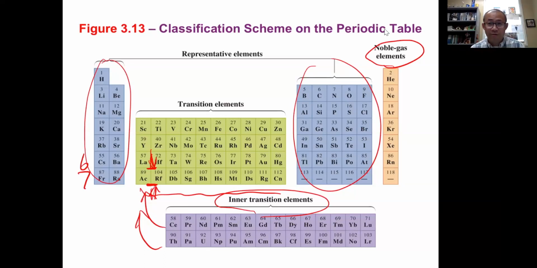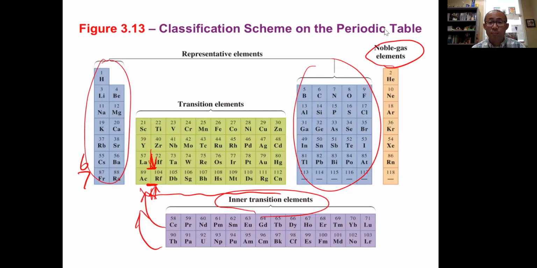Most of them are synthesized radioactive elements. Some are naturally existing, but most of them are radioactive. So this is how we classify the periodic elements based on electron configuration. Of course, we're going to answer what electron configuration is, but here you should know what these groups are called: groups 1, 2, 13, 14, 15, 16, 17.